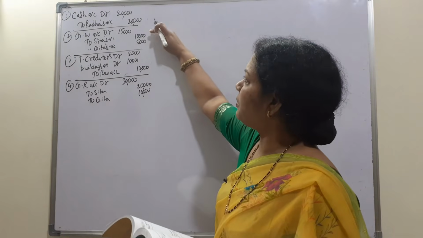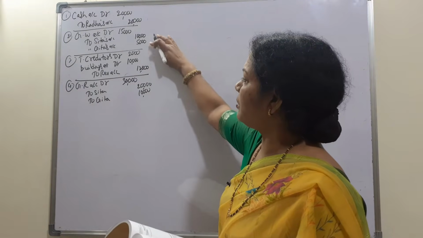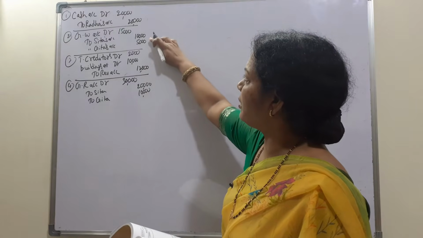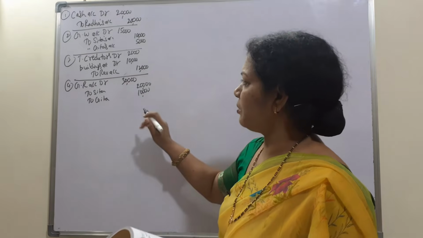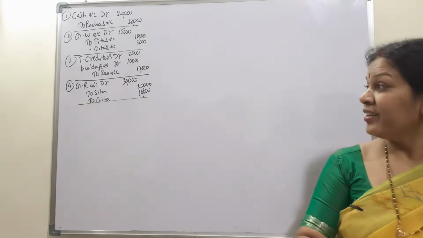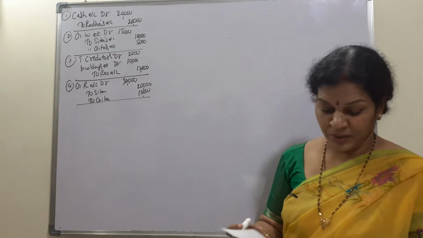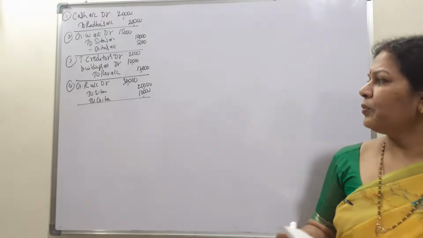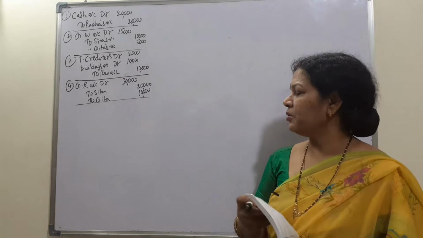Simple technique: 15,000 distributed as 10,000 and 5,000, so 30,000 means it becomes double, 20,000 and 10,000. Then what else do we have? That's it. So we can go for the revaluation account.